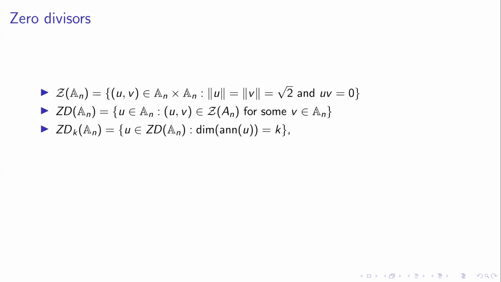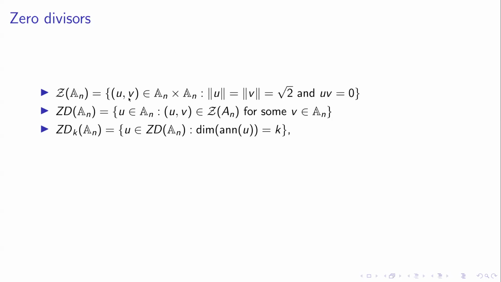So, the zero divisors. We can think of the zero divisors of the Cayley-Dickson algebra in essentially two ways, and I think every one of these presentations has a geometric meaning, at least for the sedenions. The first one: we can think of the zero divisors as pairs of two elements that multiply to zero. It is usual to take the elements of the same norm, and this square root of 2 is just a normalization factor, but the important thing is that the two elements belong to the same sphere.